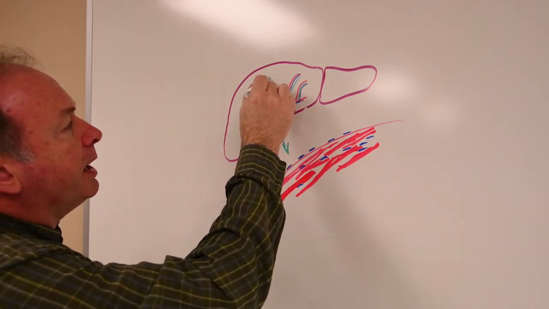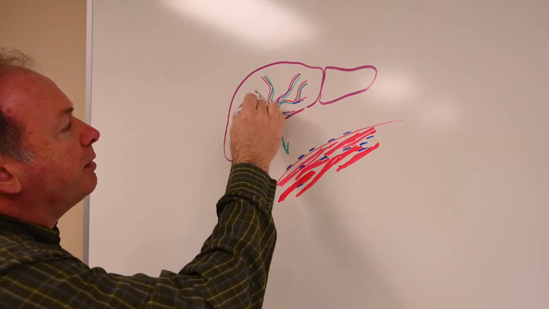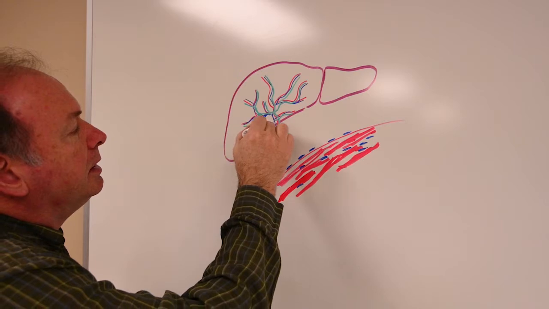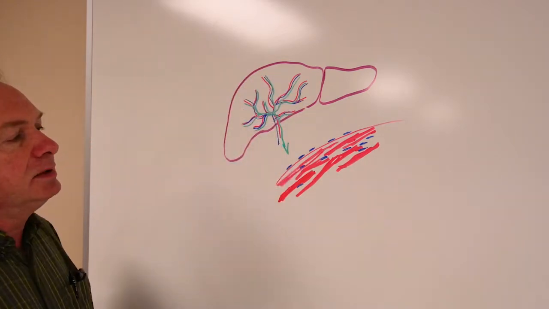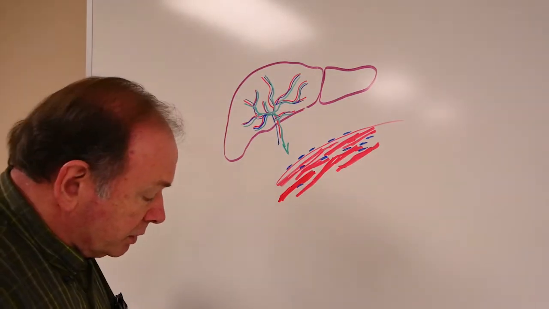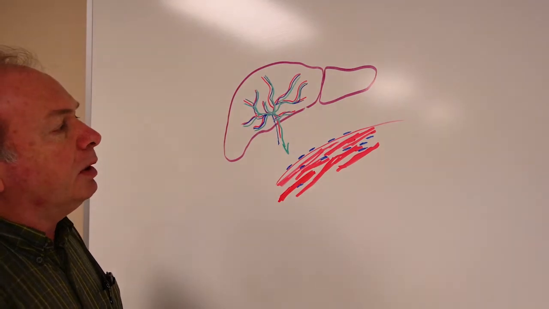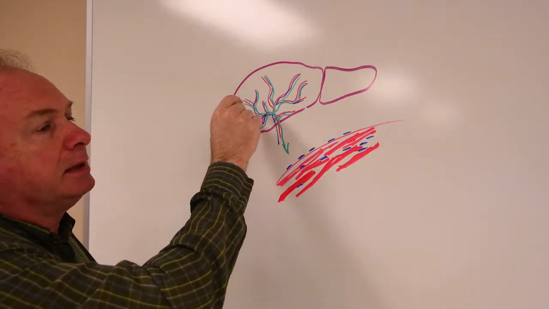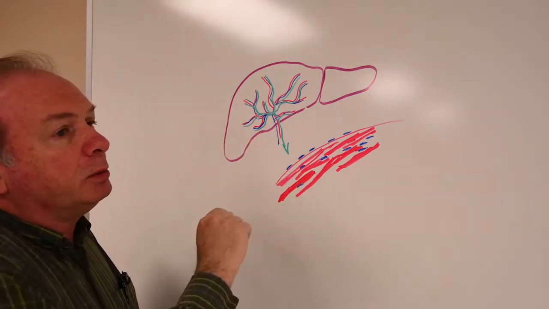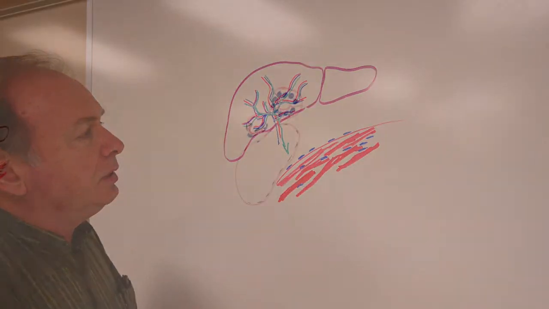And every place you have a hepatic portal vein branch and a hepatic artery branch, you also have a bile duct that leads out and connects and goes toward the common bile duct, which leads into the small intestine. So we'll next be looking at the portal triad and the tissues associated with that, and then we will look at the liver lobule structure.